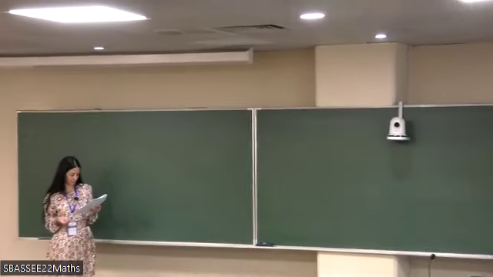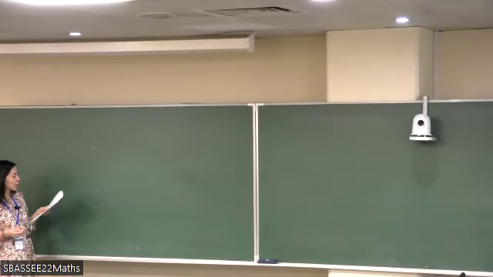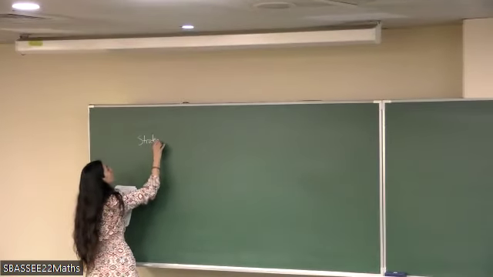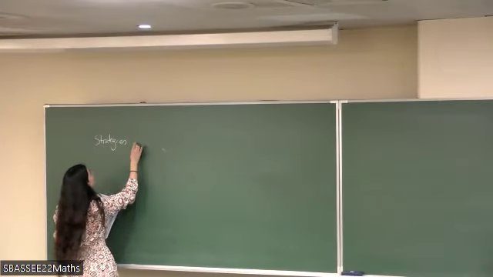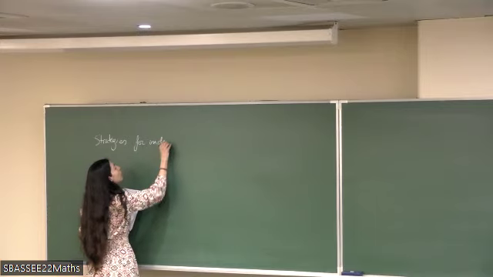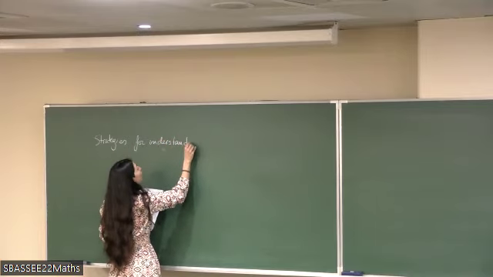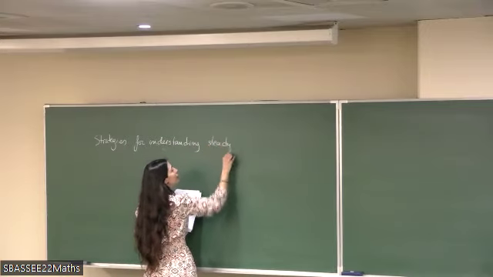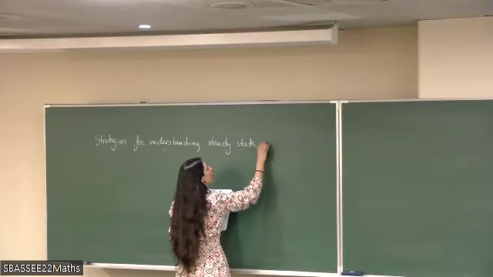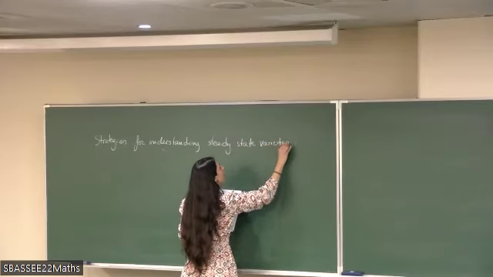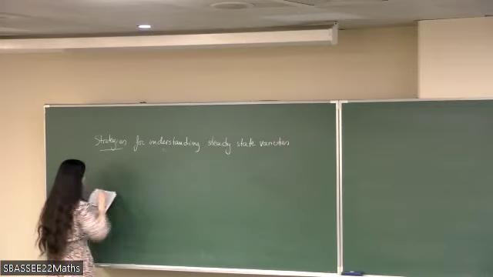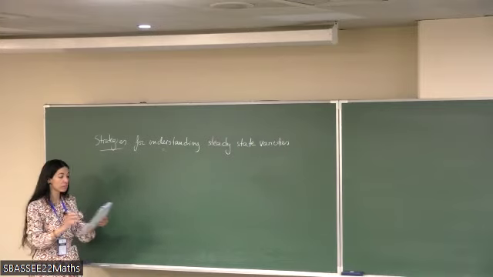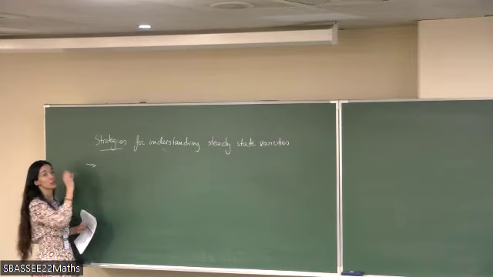But first, we need to see a few more things. First, some strategies to understand the steady state varieties, positive steady state varieties. For some networks, we have a polynomial system, and for some networks it is possible to find a rational parameterization.